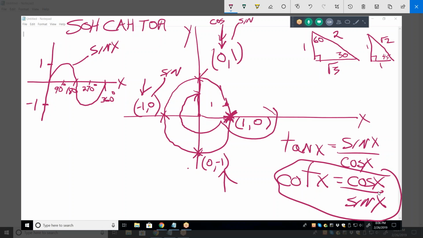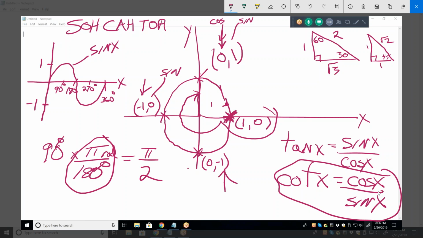In other words, 90 degrees, I'm always multiplying that by pi over 180 so that the degrees cancel. There's actually a radian right there. We don't write it, but it's there. So this converts to pi over 2. This is always the conversion factor going from degrees to radians, and this is always the conversion factor going from radians to degrees.